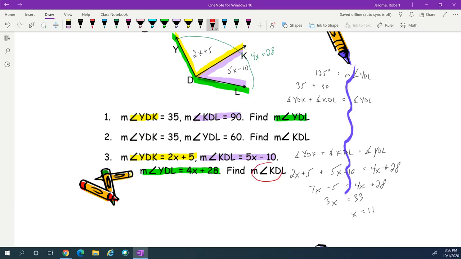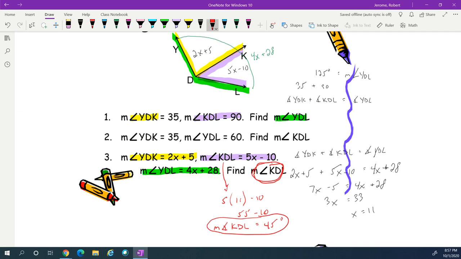They asked us to find KDL. So we're going to take KDL, and we're going to plug it in. So 55 minus 10, and we get angle KDL. The measurement of angle KDL equals 45, and our units are degrees.